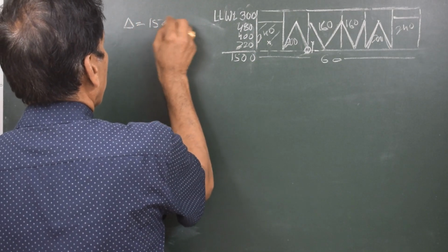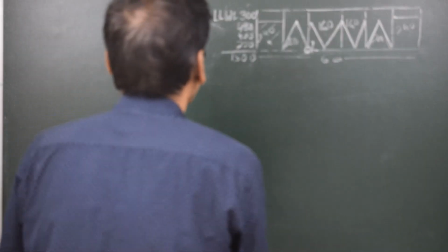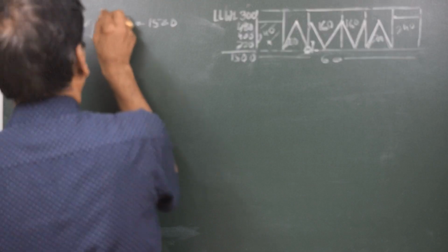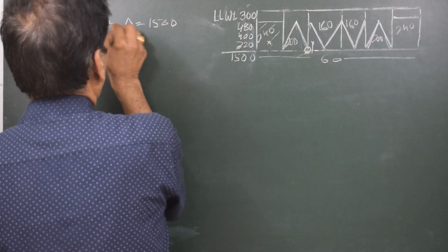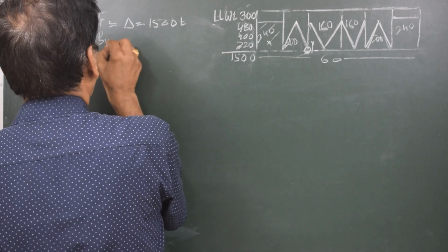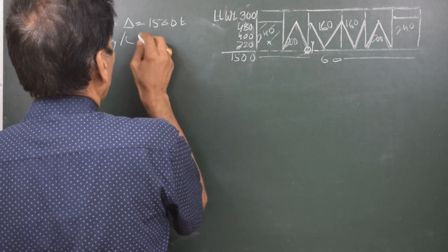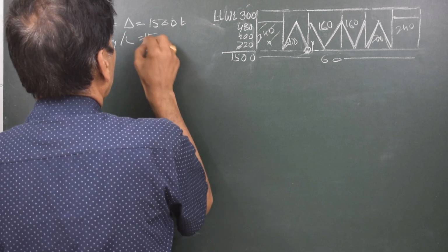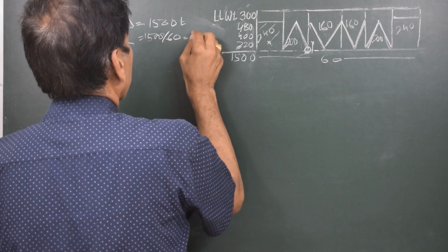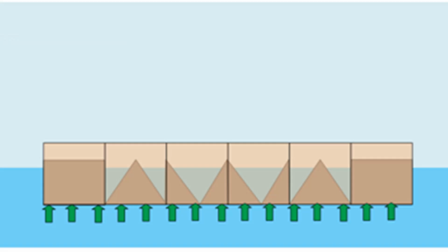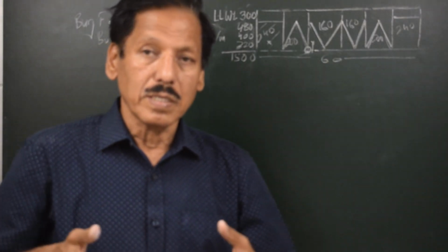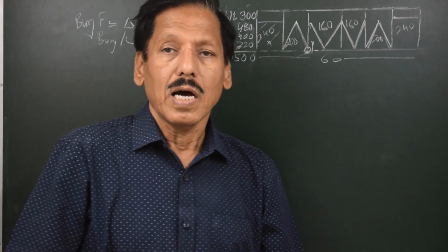Displacement is 1500 tons, and that is also going to be the buoyancy force. Buoyancy force is equal to displacement is equal to 1500 tons. So what is the buoyancy per unit length? Buoyancy per unit length is going to be 1500 divided by 60, and that is 25 tons per meter.